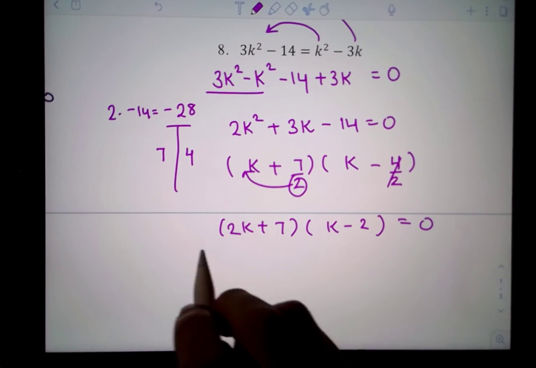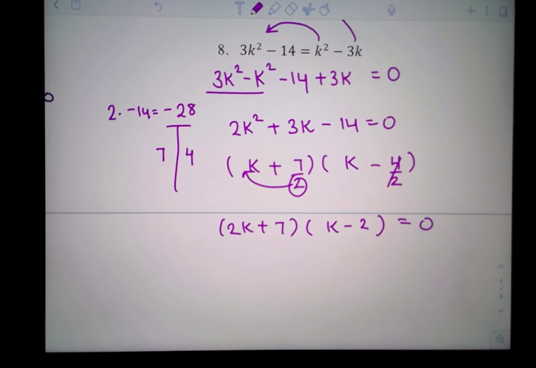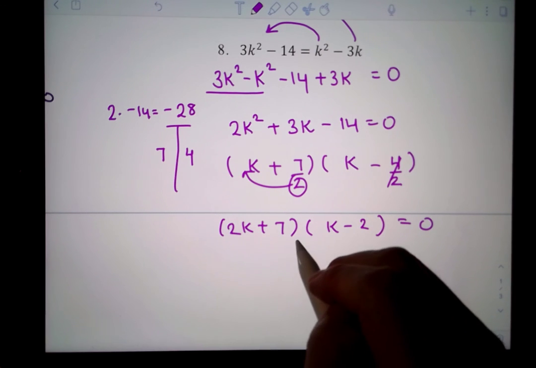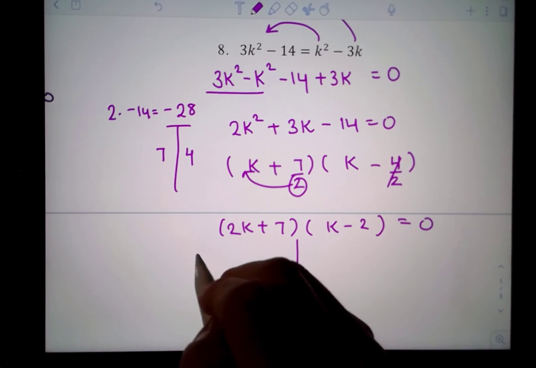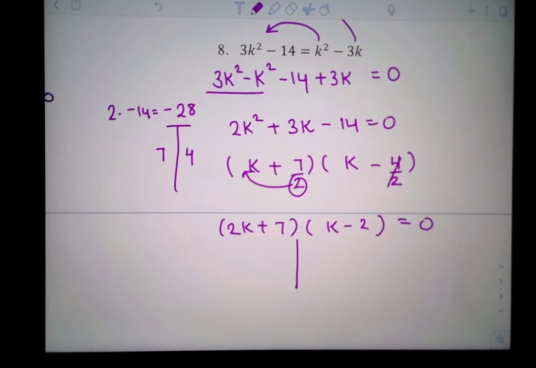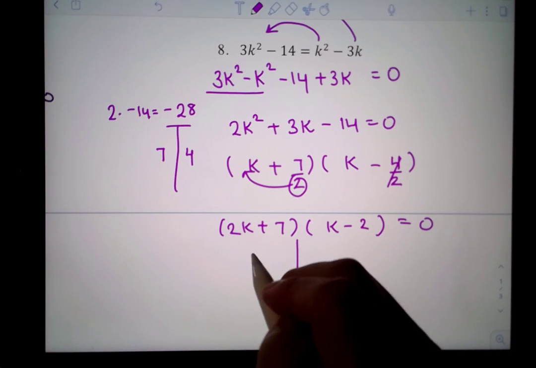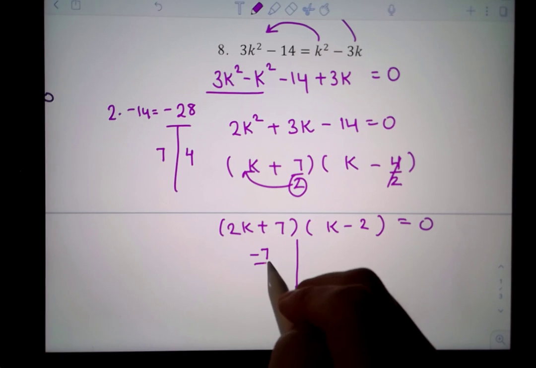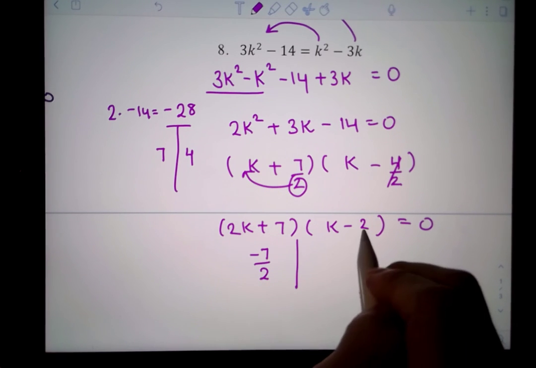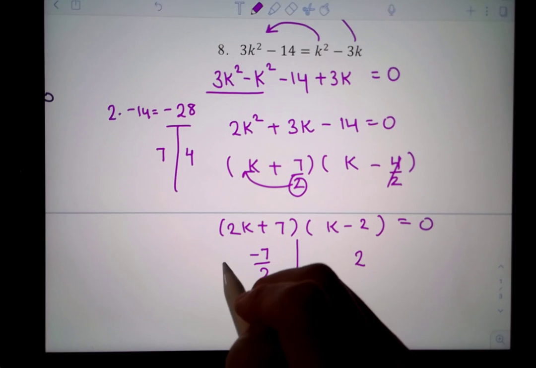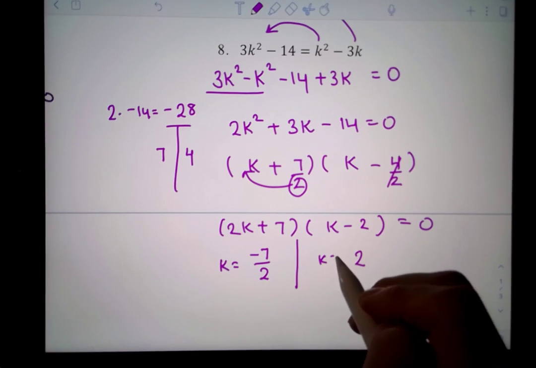And then we're not done yet. You just completed the factoring, right? We need to get zeros. So from here, if you're using the shortcut, then what? Opposite sign divided by 2, like that. Opposite sign, so 2. You can get it if you're using the shortcut.